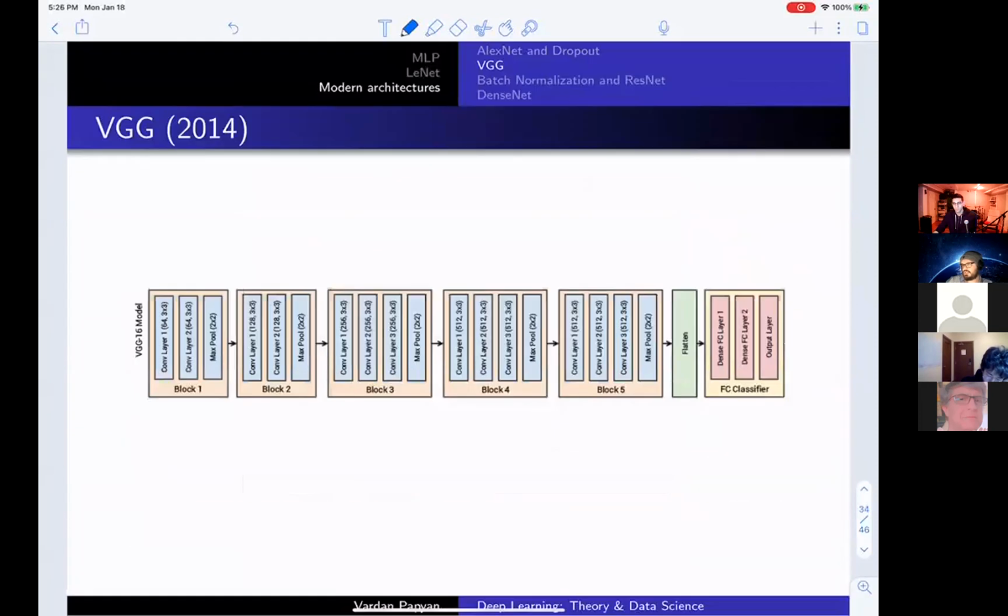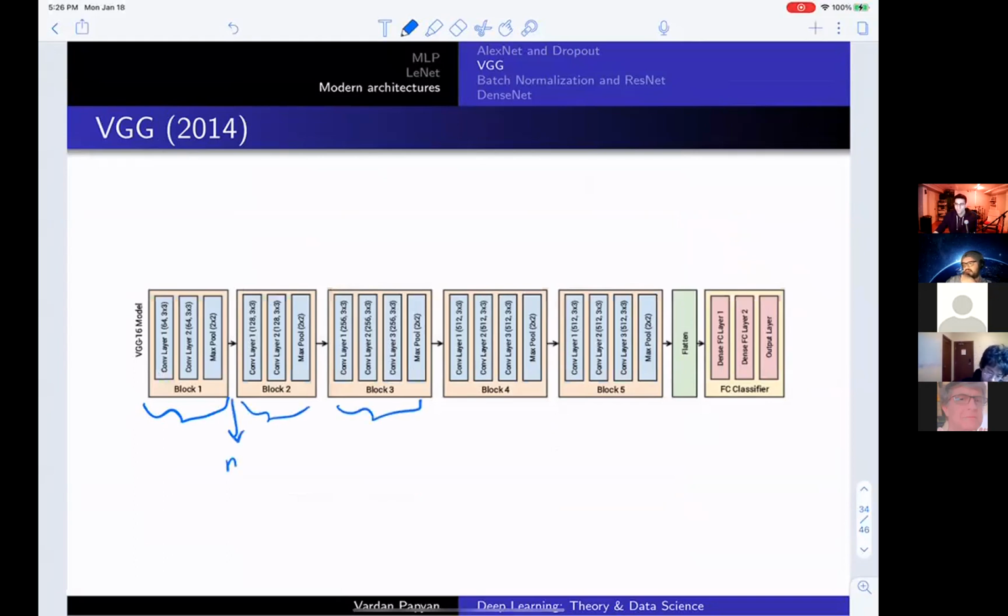So this is a different visualization of the network. There's something called a block. Blocks are differentiated by a max pooling layer.